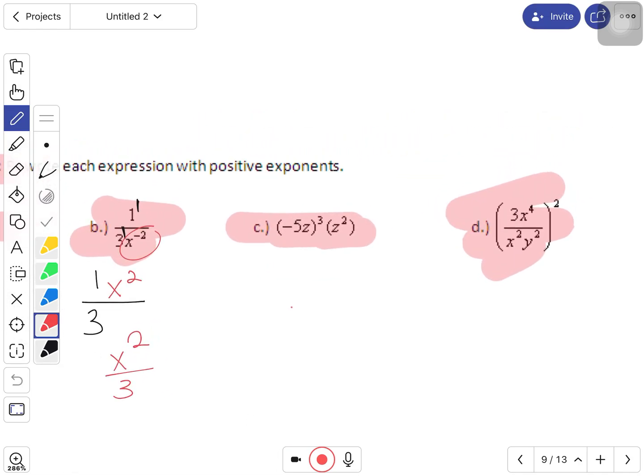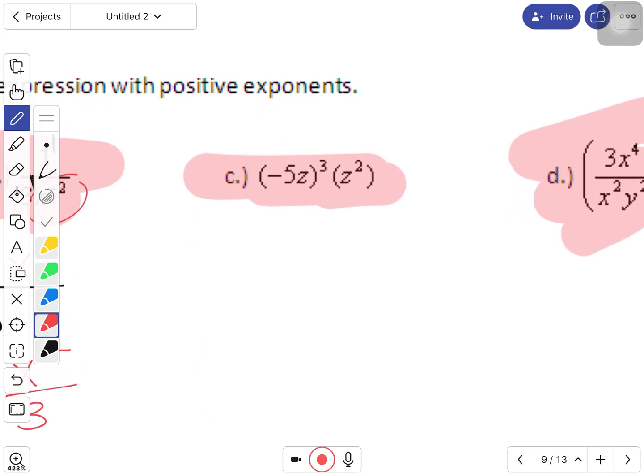Okie dokie. Part C. Again, your numbers always have exponents. So this -5 is raised to the first power, this z is raised to the first power, and since there's no plus or minus in those parentheses, I can distribute that exponent in. So if I do -5 to the third power, that's -125. And then this becomes z to the third.